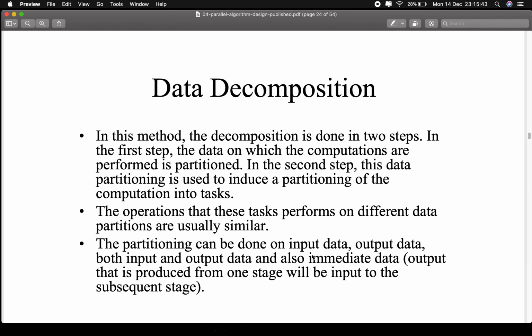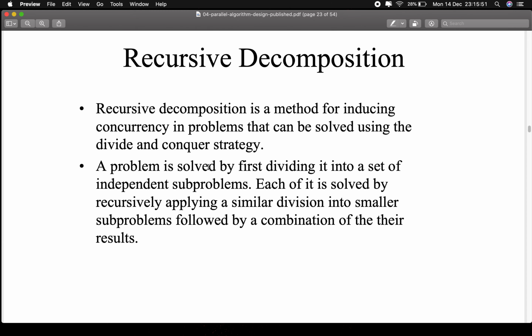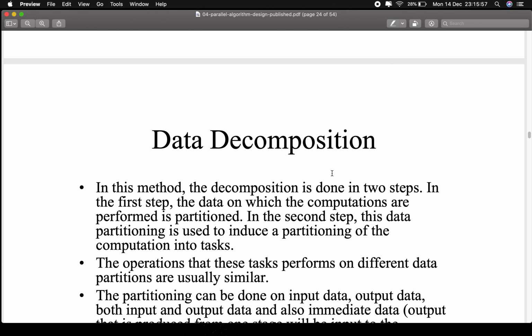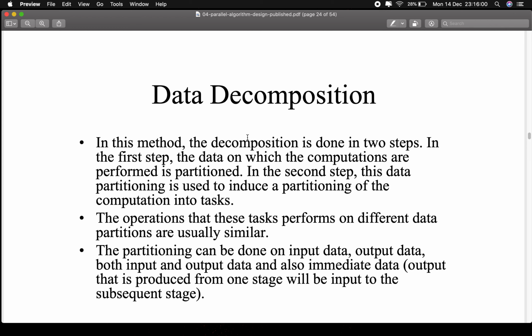And the second one is data decomposition. In this method, the decomposition is done using two steps. For recursive decomposition, you just divide first and solve directly. But for data decomposition, you do it with two steps. In the first step, the data on which the computations are performed is partitioned, and in the second step, the data partition is used to induce the partitioning of the computation into tasks.